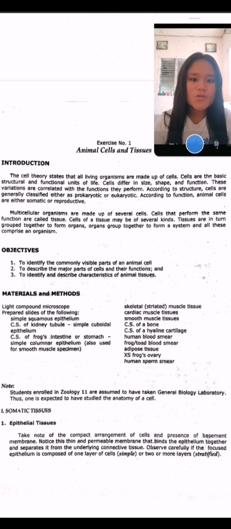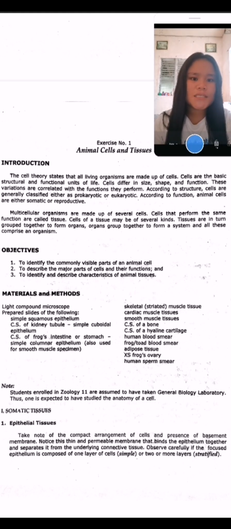These variations are correlated with the functions they perform. According to the structure, cells are generally classified either as prokaryotic or eukaryotic. According to function, animal cells are either somatic or reproductive.